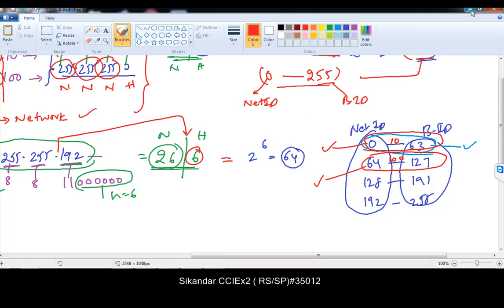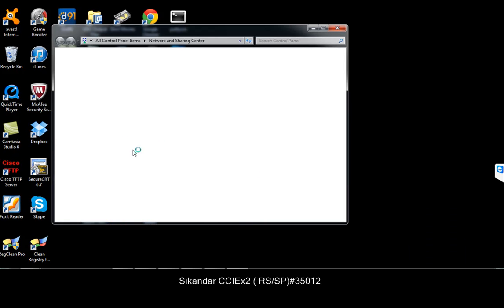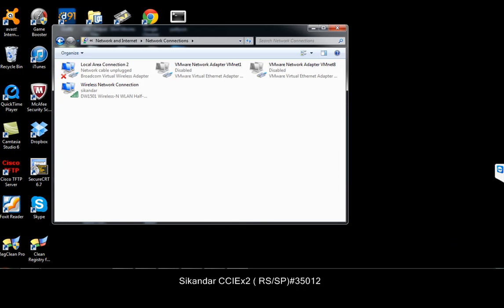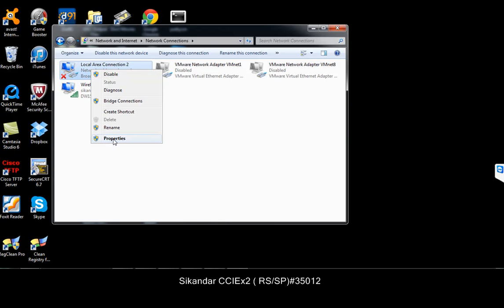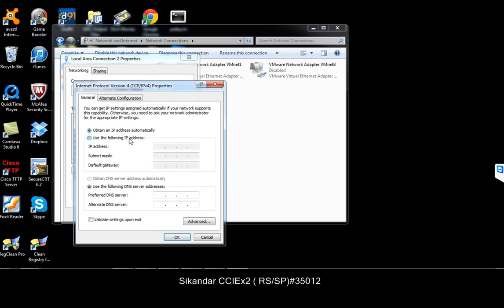Okay, so let me give some more clear idea on this. If you remember how to assign the IP address, we already know. To assign the IP addresses, we go to My Network Places, Properties, TCP/IP version 4 properties, on this device.